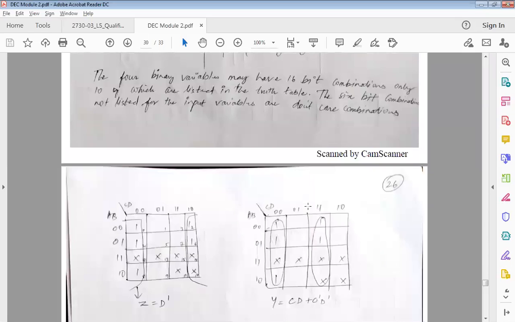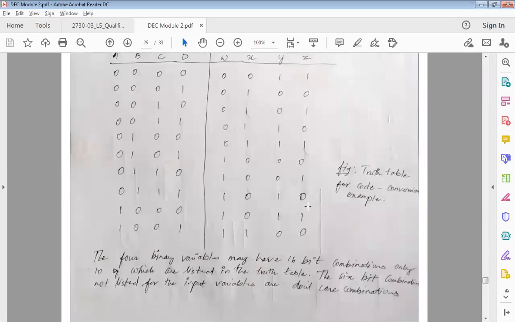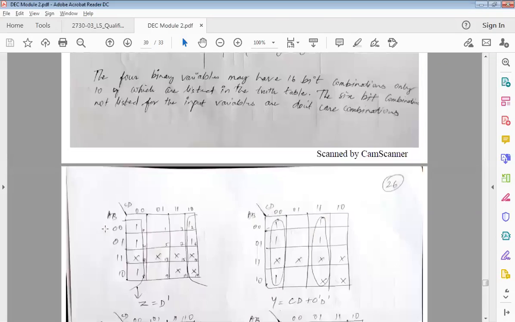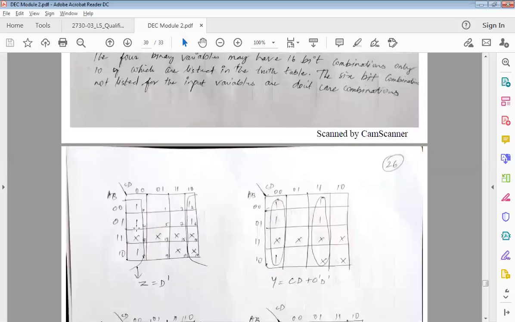One of your friends asked me the question, sir, how do we know that we have to take don't care? The value that you have here is only till 9, right? After 9, you have a few more, 10, 11, 12, 13, 14, till your highest value, your triple one. All that you make don't care. For the rest of the things you have your values, right?